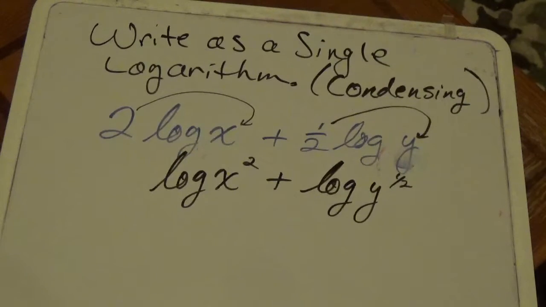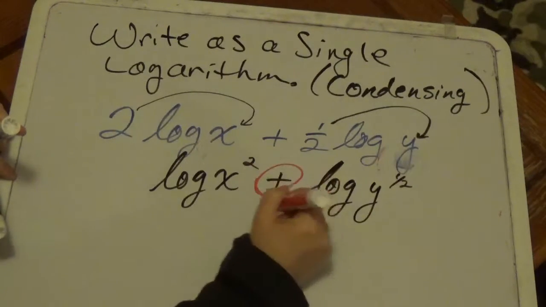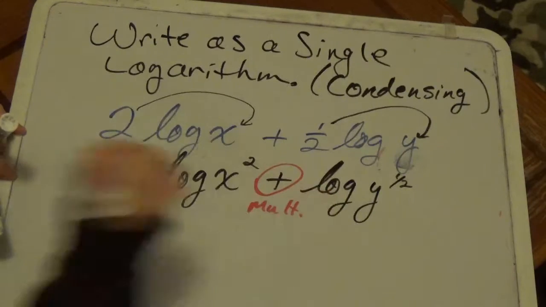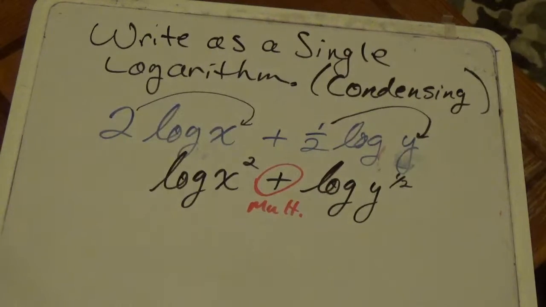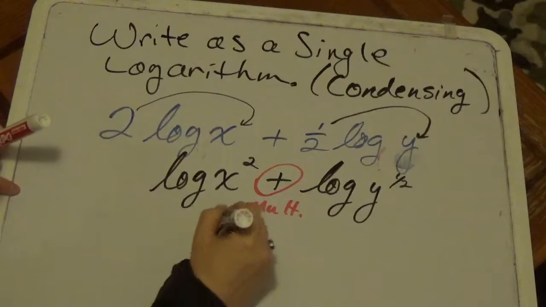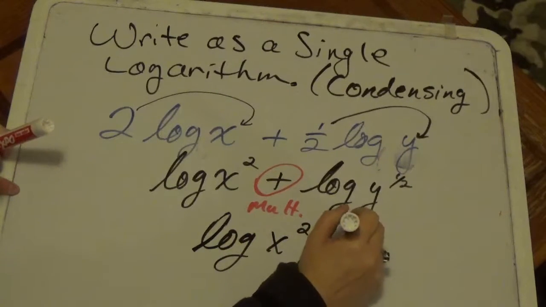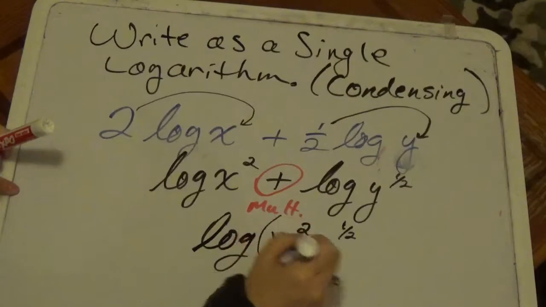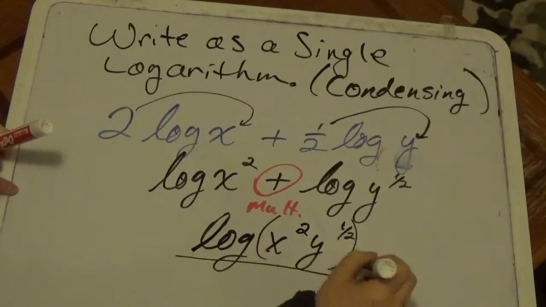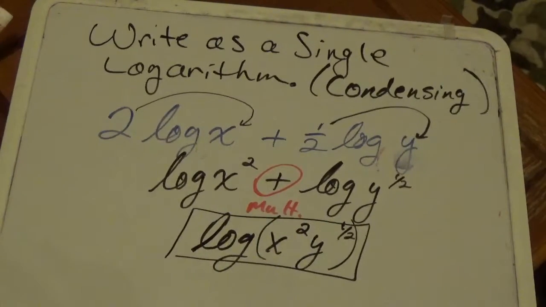And then, since this is plus, that becomes multiplication. So we're going to put those together to be log of x squared y to the 1/2. And I just like how it looks if you put that in parentheses. It just kind of finishes it off and lets you know exactly what you're taking the log of.